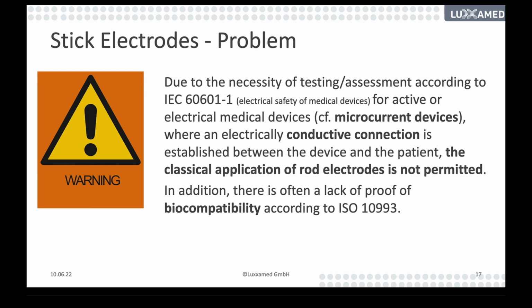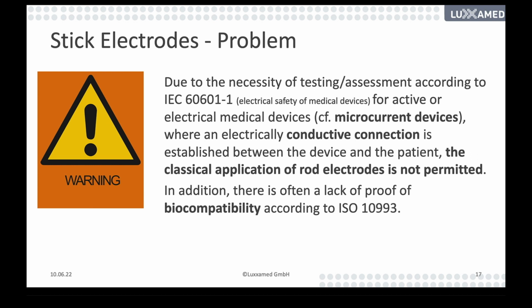For manufacturers of electric medical devices, there is a rule. The IEC 60601 Part 1 is the electrical safety of medical devices, and you have to fulfill the requirements of it because it's about electric safety. And it's for active or electric medical devices like microcurrent devices, of course. If we look inside this, there are some requirements, and one special requirement we will come to later more deeply, but if you look at this, the classical application of the stick electrodes is maybe not permitted.